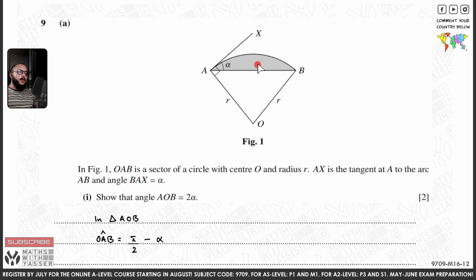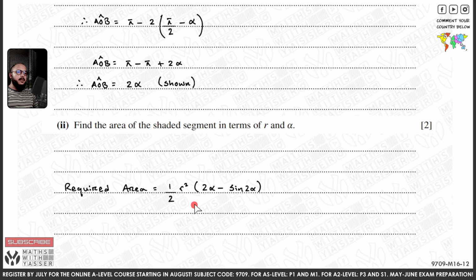We have already found theta, which is 2 alpha. So it will be half r squared (2 alpha minus sine 2 alpha). And that will be it, because they have told us to express in terms of r and alpha.